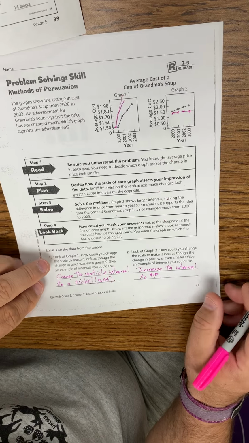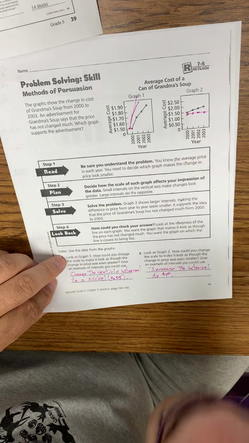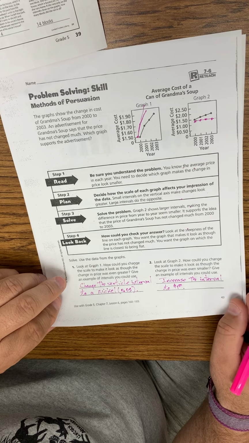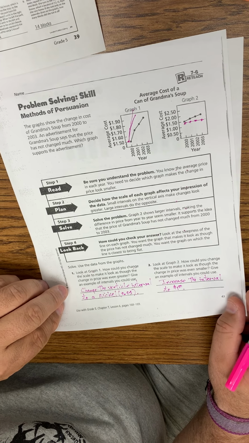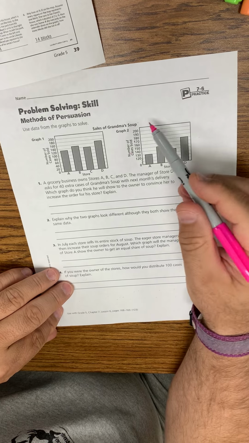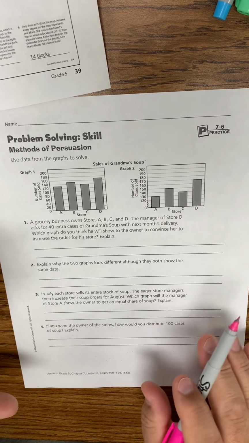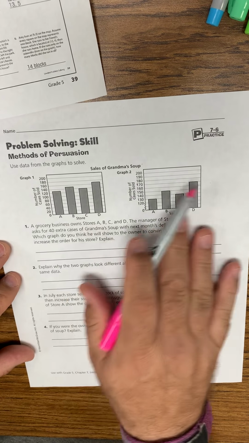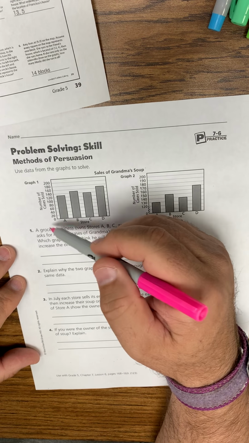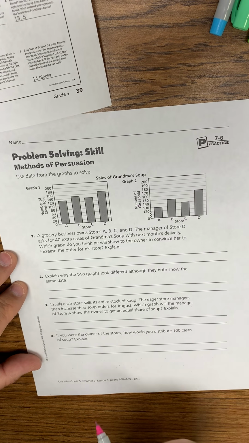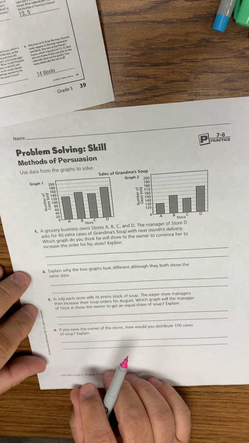Our prices have barely changed, whereas somebody else would say, oh my goodness, the prices are just outlandish. They've been going up year after year after year. Now, I do want to point out on practice 7.6, these 4 questions are based on these 2 graphs. Make sure you pay very close attention to the intervals. Good luck with it.